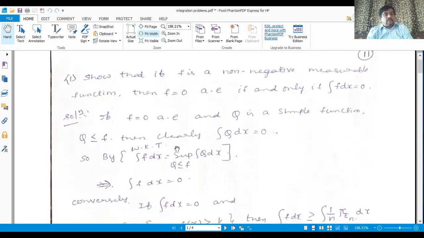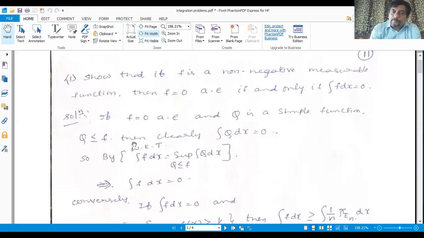First, we will start with the first part. What is given? F is equal to 0 almost everywhere, and it is an integrable function, means there is a simple function phi related to f, with phi less than or equal to f, then clearly the integral of phi dx is equal to 0.